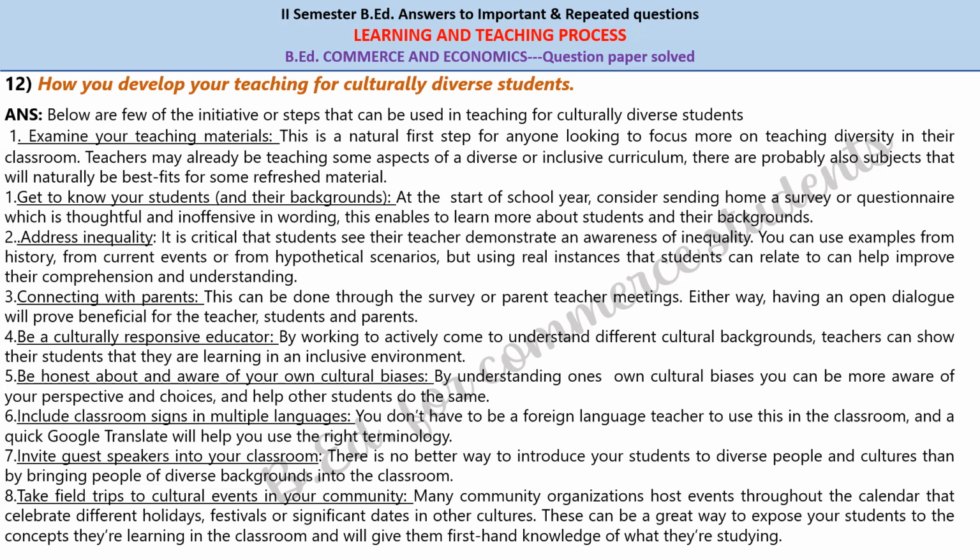We can invite guest speakers into the classroom who have better knowledge of these cultures, and invite people from different cultures, so that everyone in the classroom has a view of different cultural practices and a different perspective from all the other people present. And also probably take field trips or attend cultural events in the community, to be more receptive of different cultures. Let's go to the next question.